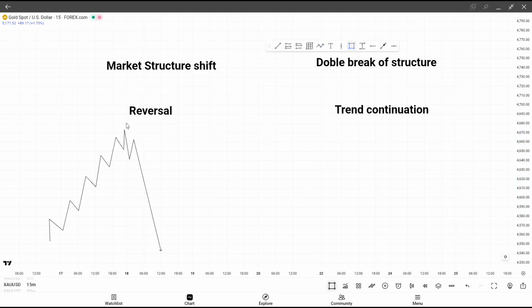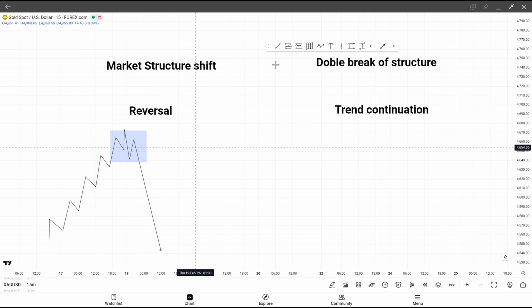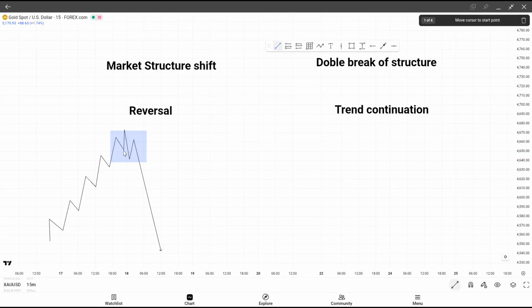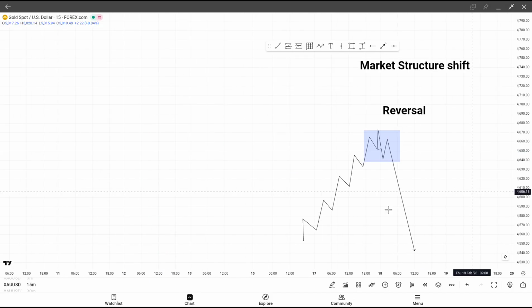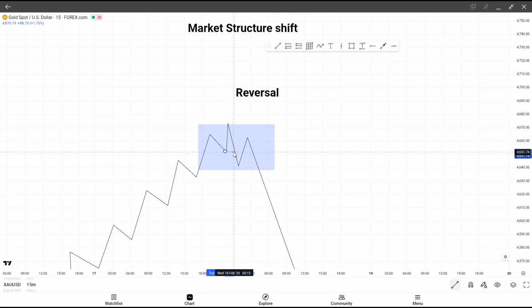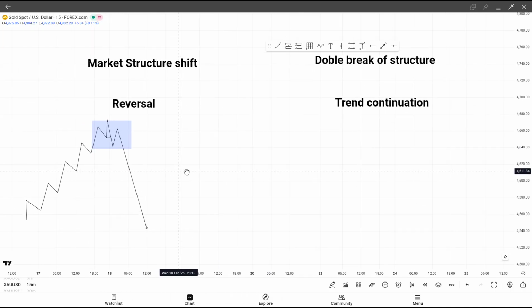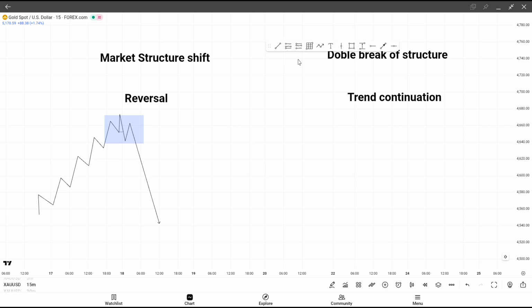So this configuration is what we call a market structure shift. Why? Because the market took the previous low like this. Do you understand? Let me do it well because I want all of you to get the point.